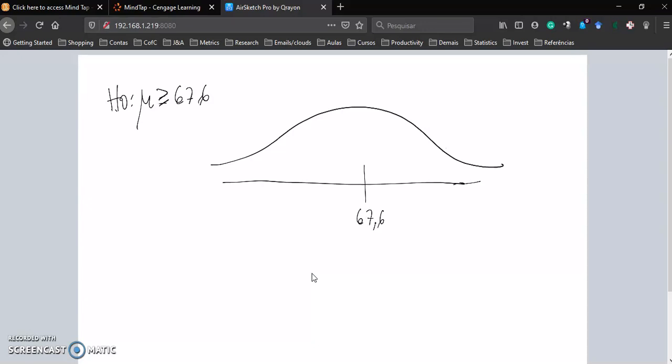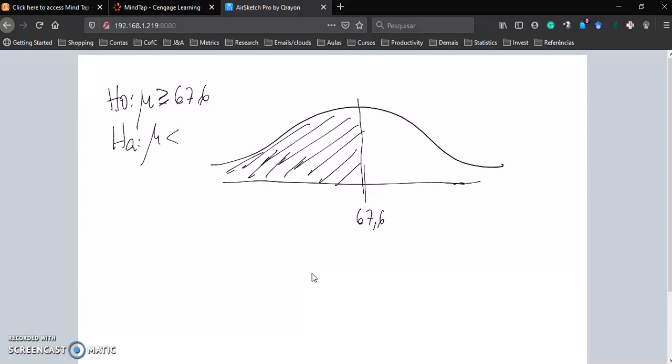The challenge, which is the alternative hypothesis, says that it has less than 67.6 ounces. So when the null hypothesis says higher, the alternative hypothesis is that it is smaller. Smaller means to this side, smaller numbers, which means to the left of the distribution. Okay, I hope it makes sense.